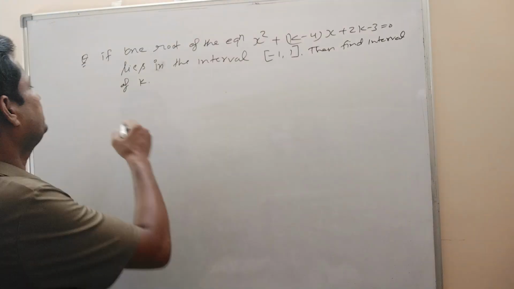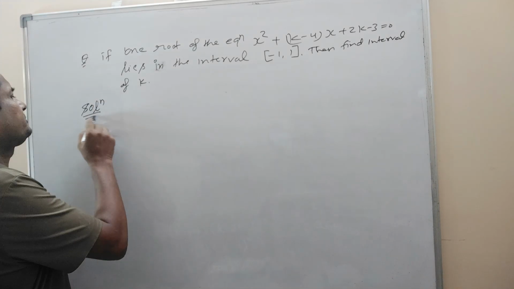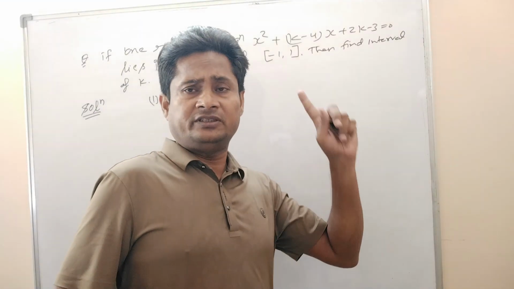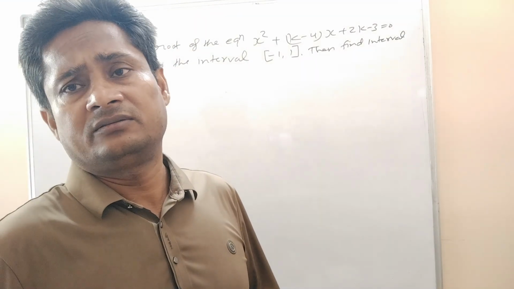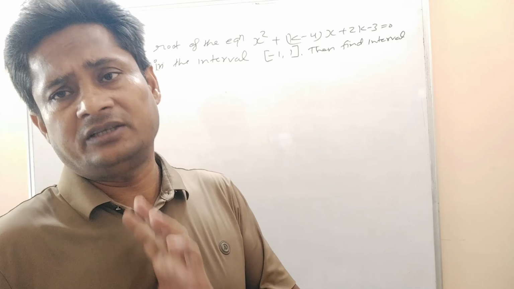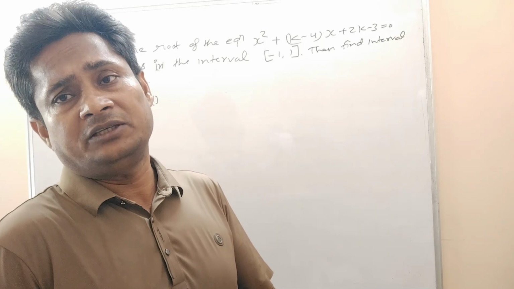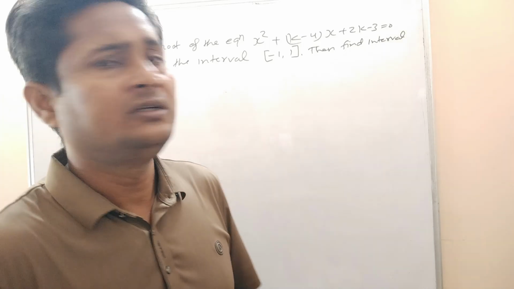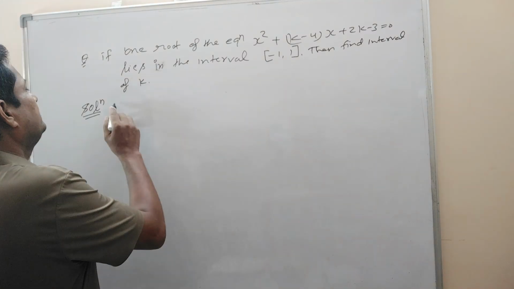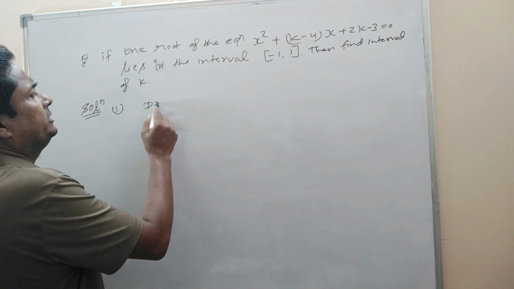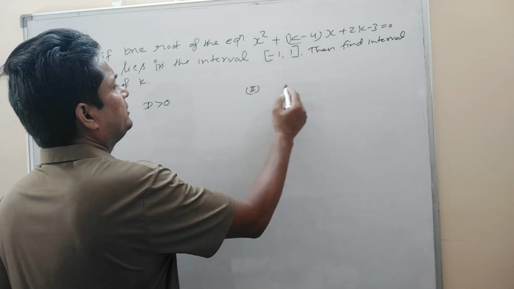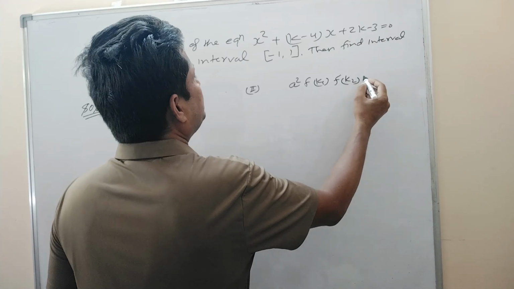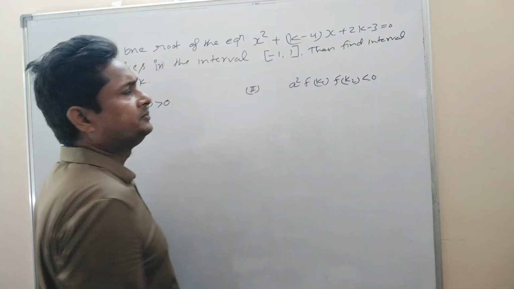Now what will be the solution? In this case we studied there were two conditions. The first condition was D greater than 0 and the second condition was a square into f(K1) into f(K2) less than 0. So we have to apply the two conditions. D must be greater than 0 and the second condition was a square f(K1) f(K2) must be less than 0, right?